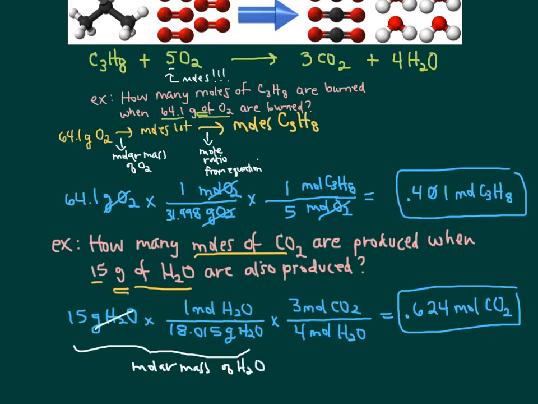So that gets us to moles of water, and then we can use our mole ratio from our equation between CO2 and water to turn moles of water into moles of CO2, and we end up with 0.624 moles of CO2 being produced at the same time that 15 grams of water is produced.